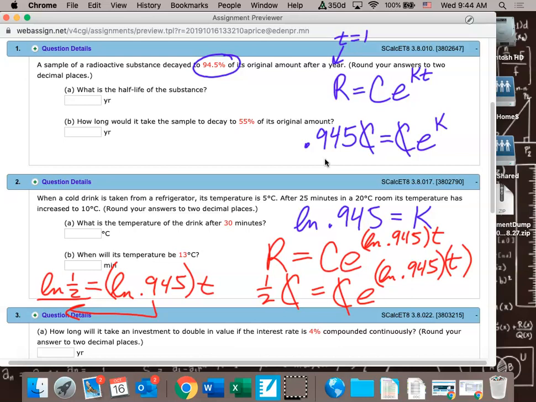All right, so I got 12 point, carry this, 25. Is that around what you guys got for whatever you were doing?